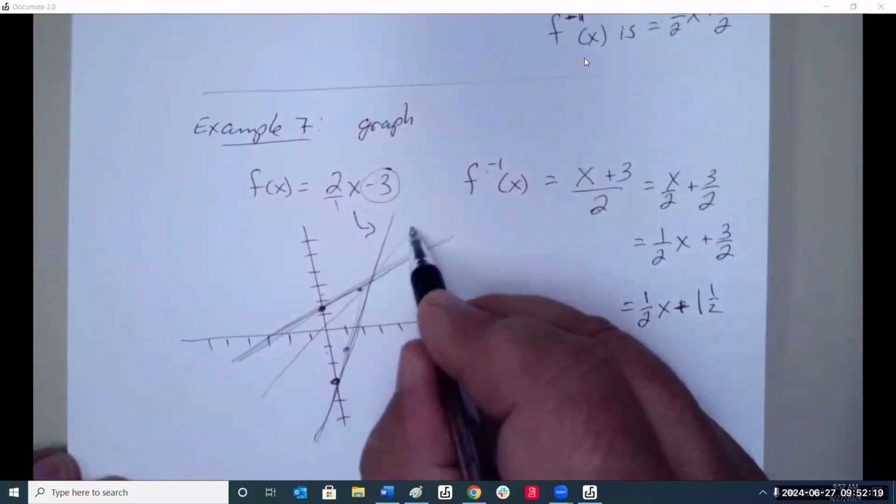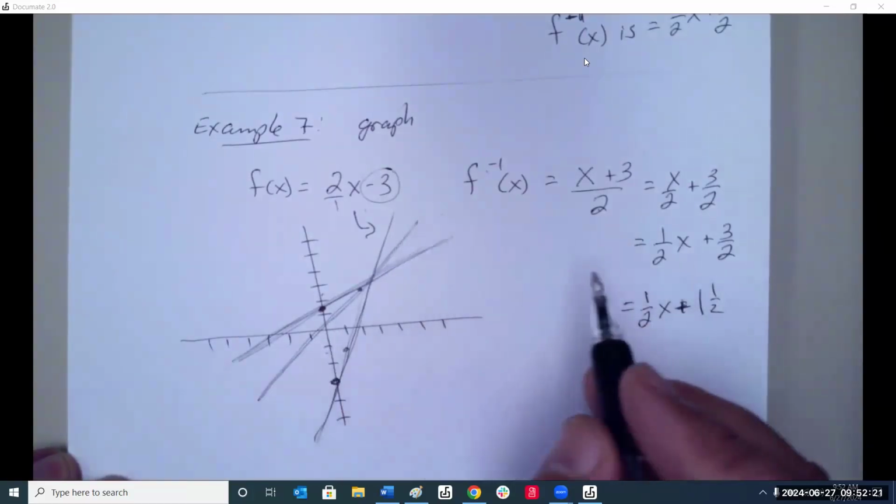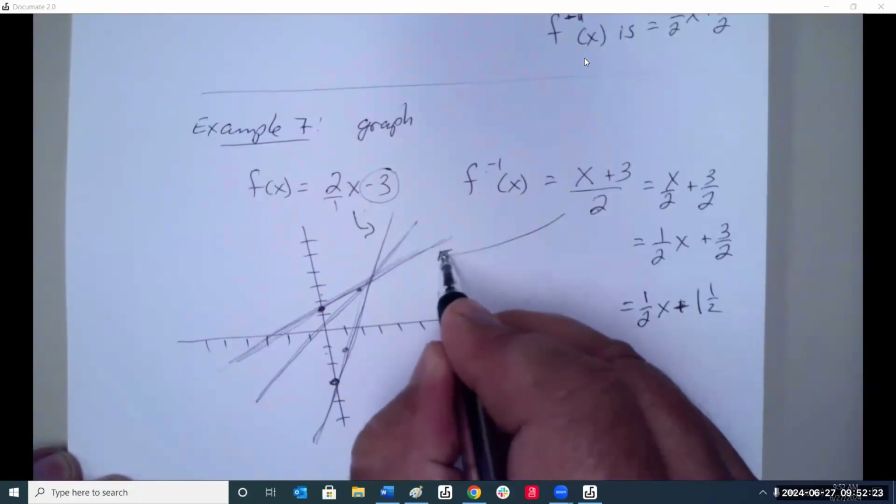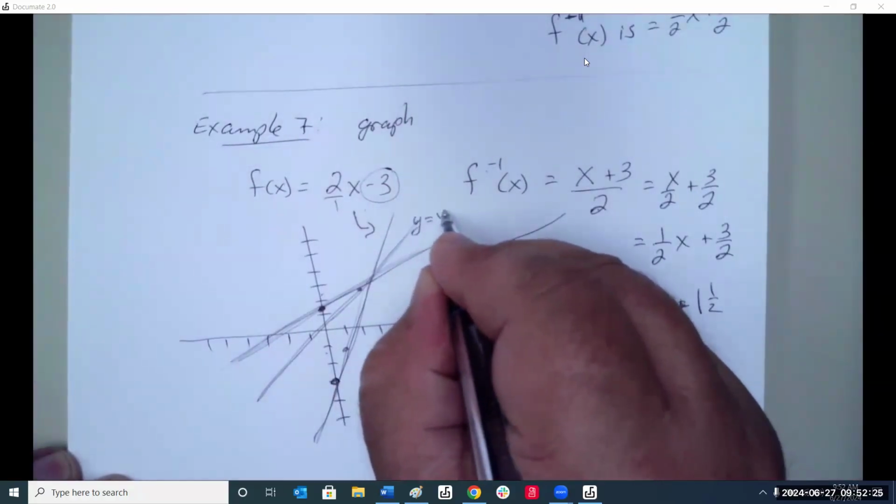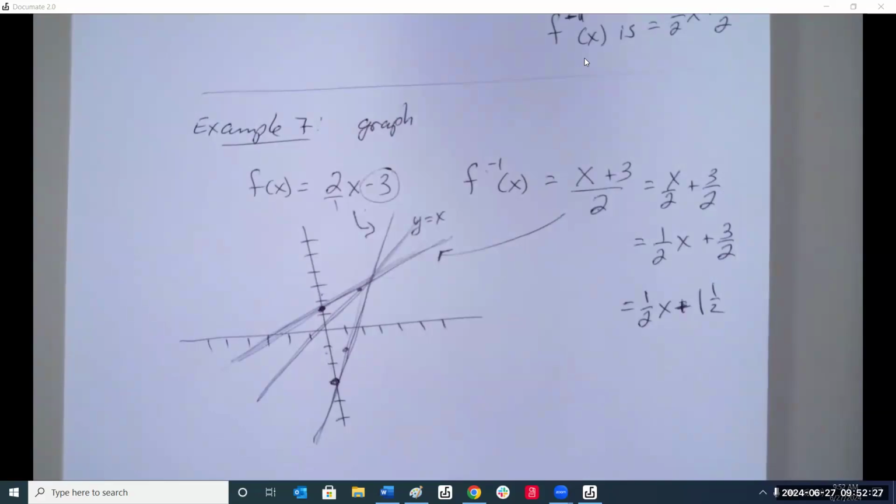It's symmetric about the line y equals x. So there's that equation. Example. Any questions so far?